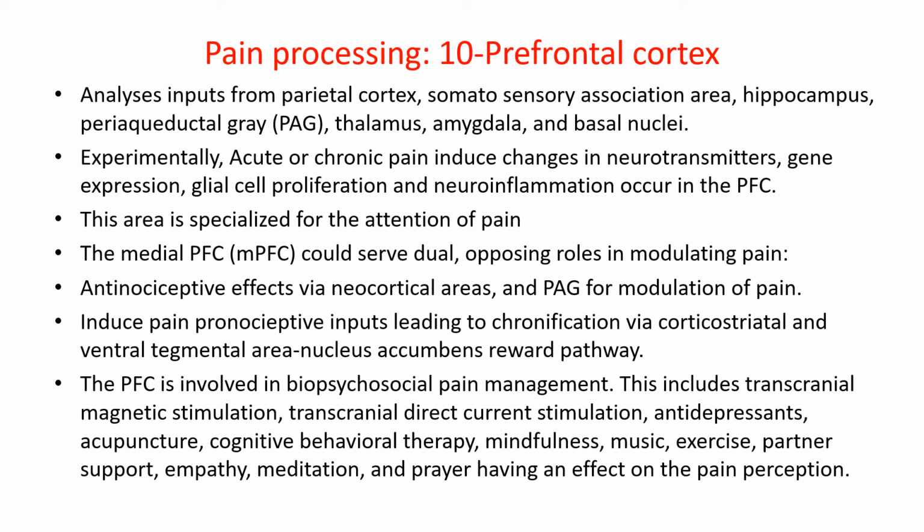So this is done by the prefrontal cortex, and that will activate the pro-nociceptive switch present in the periaqueductal gray, and that will continue to send impulses to the cingulate, the nucleus accumbens and the tegmental areas. And these, along with the hippocampus, will try to make the pain a chronic one. Say for example, with the type of migraine or any other type of chronic pain, you can just think about it.